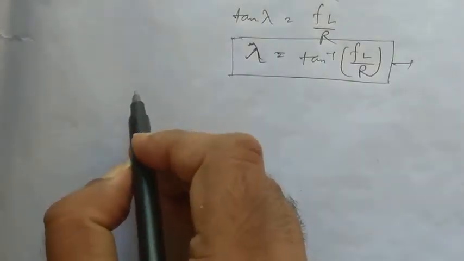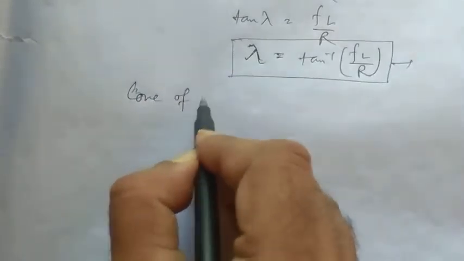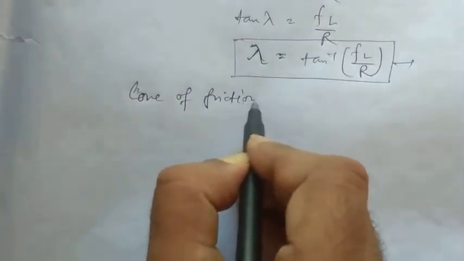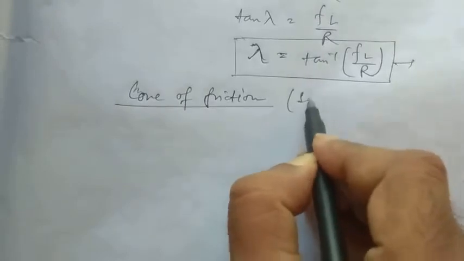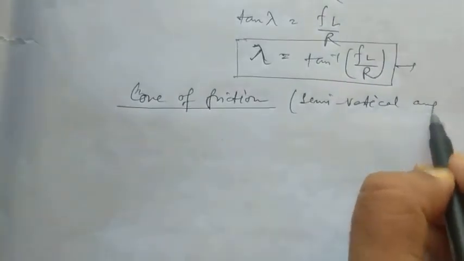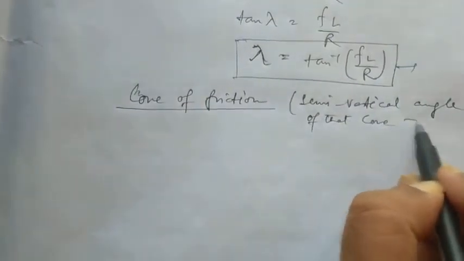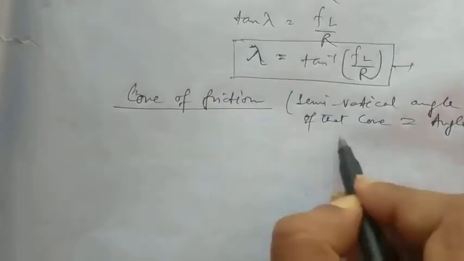Now in some books a term comes like this, cone of friction, and the semi-vertical angle of that cone is equal to the angle of friction.